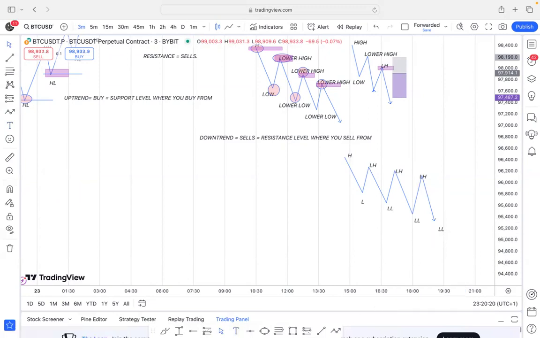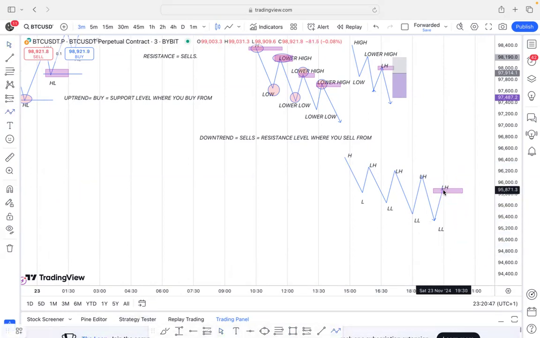Now we are expecting that after creating this lower low, price is supposed to come back up here and create a lower high, right? This point where price will come and create a lower high is what we call resistance. So when price gets there and starts to show us a red candle coming down, you know it is time to sell.